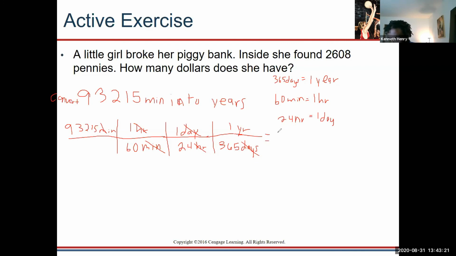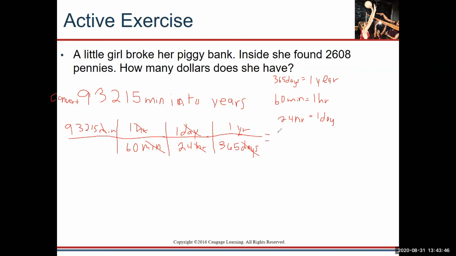So multiply the top. That one will be the same. Then divide.